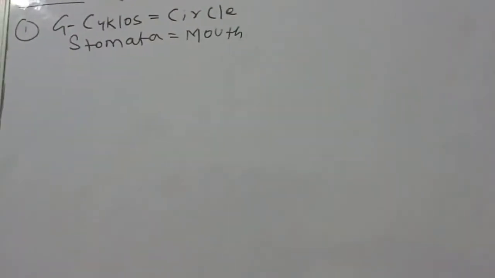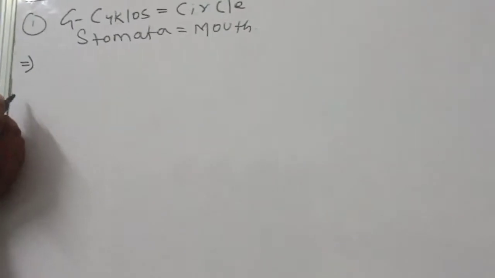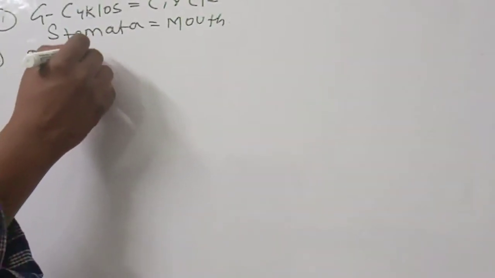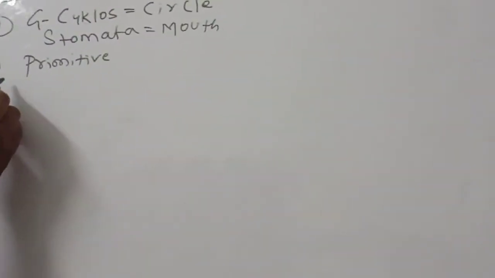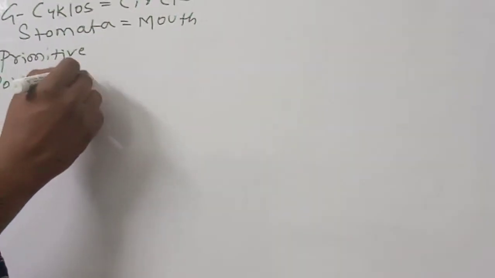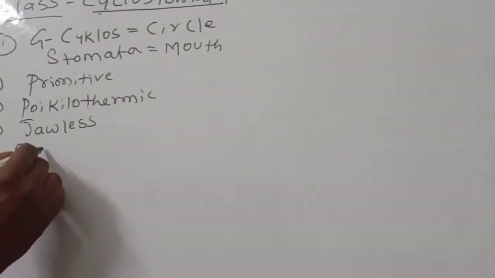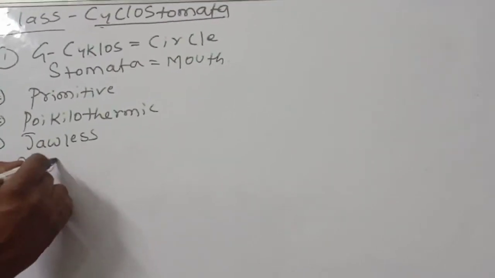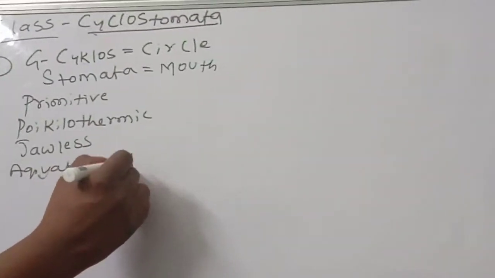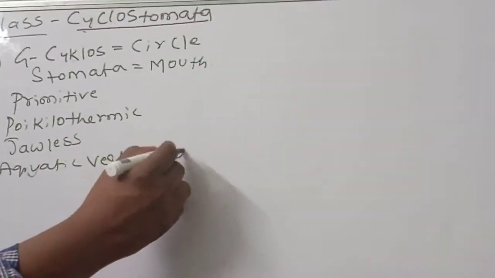Circle mouth. First point, all members of Cyclostomata are primitive. Second point, poikilothermic. Next one, jawless, aquatic vertebrates.